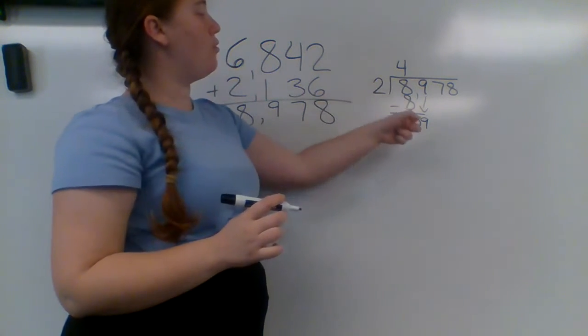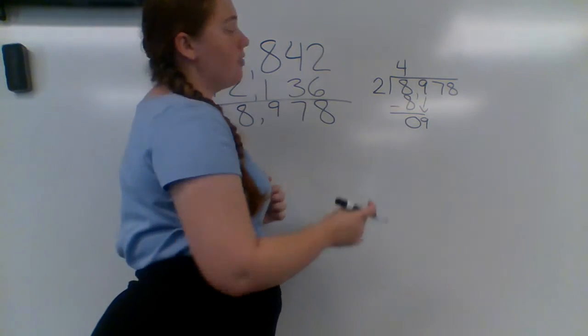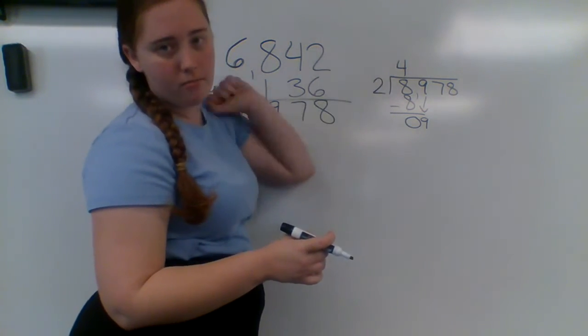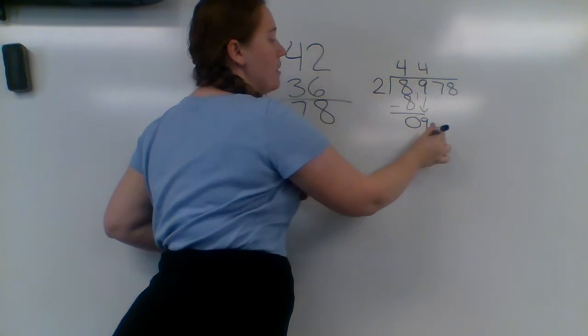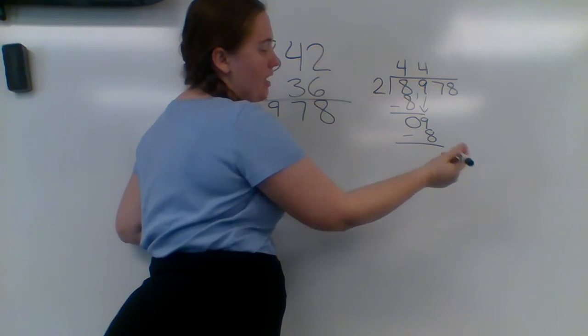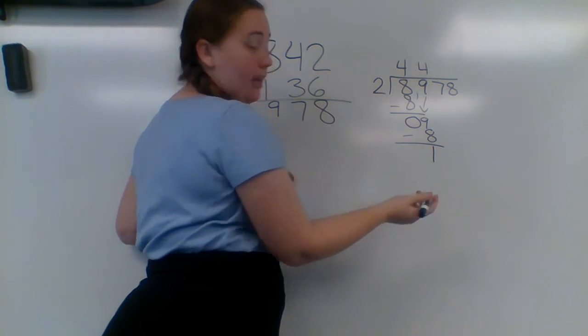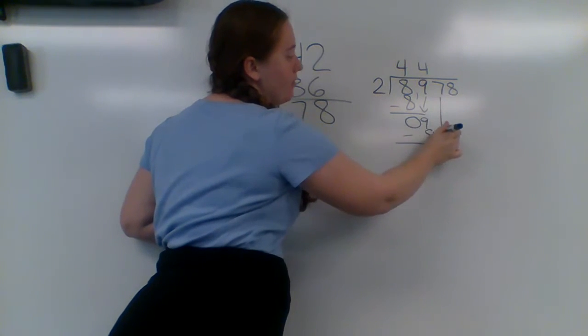And 2 will go into 9. I think still 4 times. So put a 4 above the 9. 4 times 2 is 8. And 9 minus the 8 is 1. And 1 is smaller than 2. Carry down the 7.